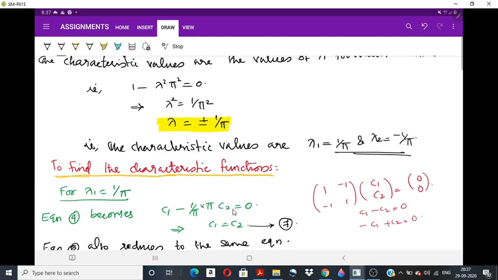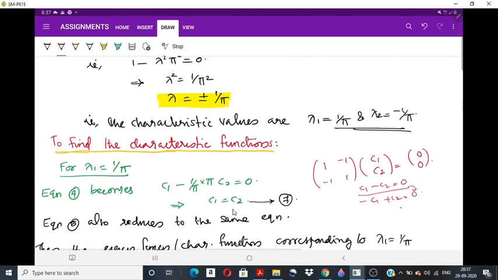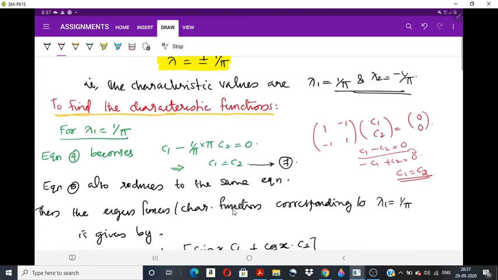Both the equations coincide; both represent the same equation, and from this we get only C1 equal to C2. So if we choose one of the constants as arbitrary, we can have the other one the same as C2.